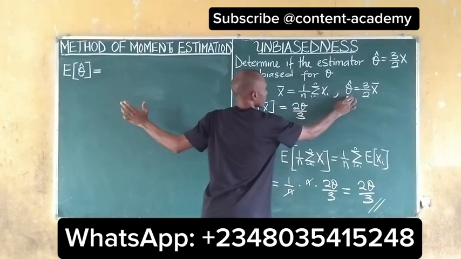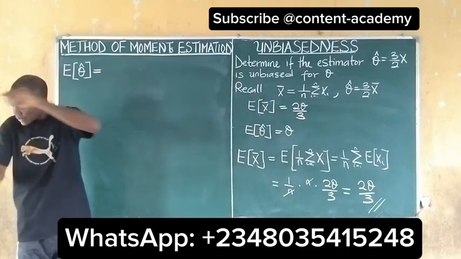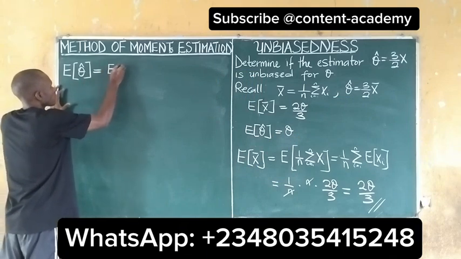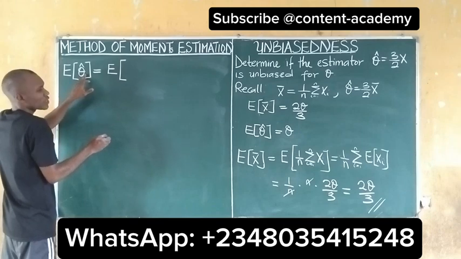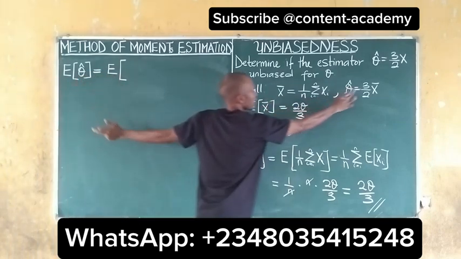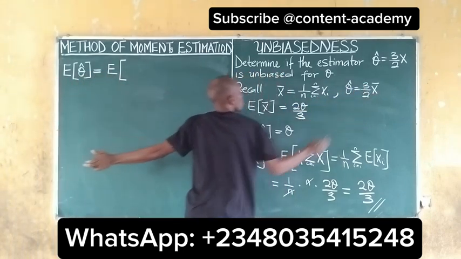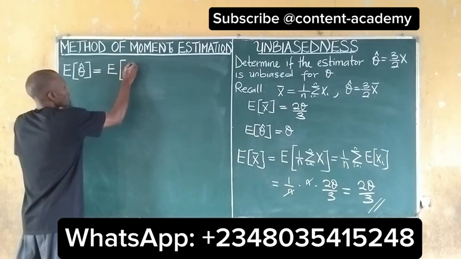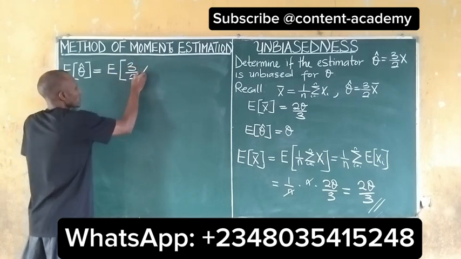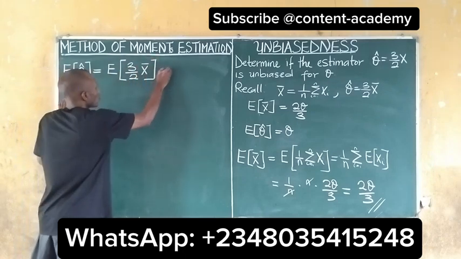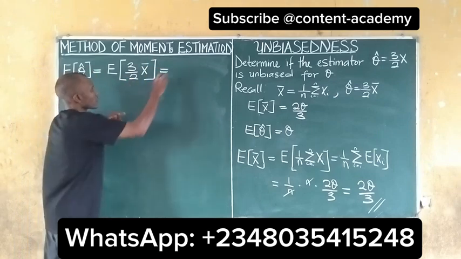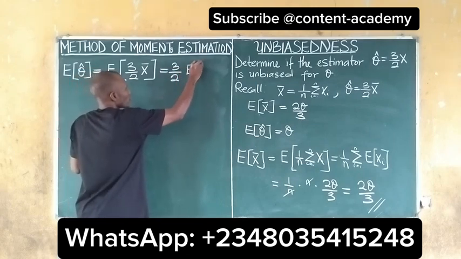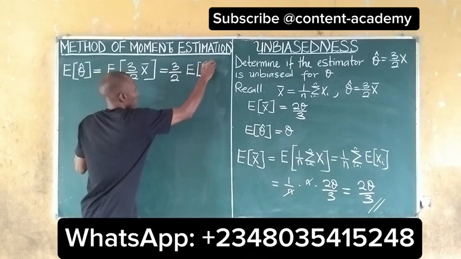Our theta bar is 3 all over 2 x bar, which is the same thing as, we bring out the constant, so we have 3 all over 2, then expectation of x bar.